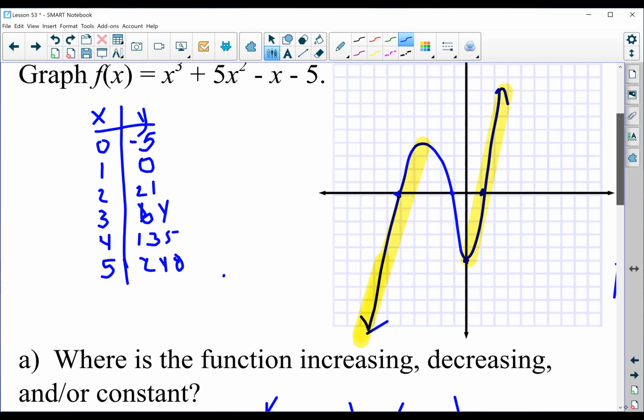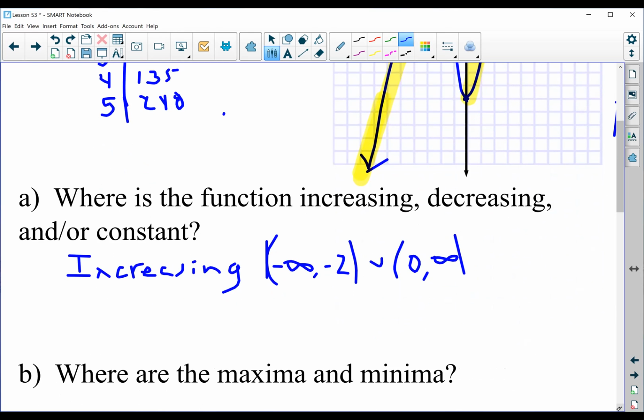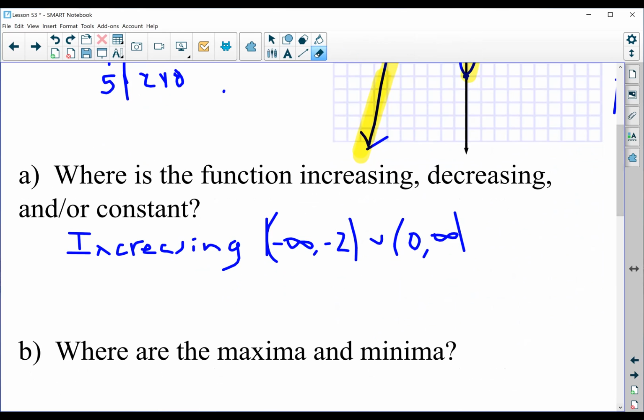I messed up. And then in this case, it's decreasing from -3 to 0.